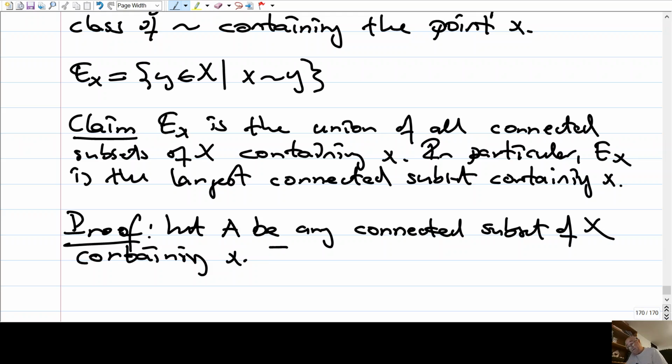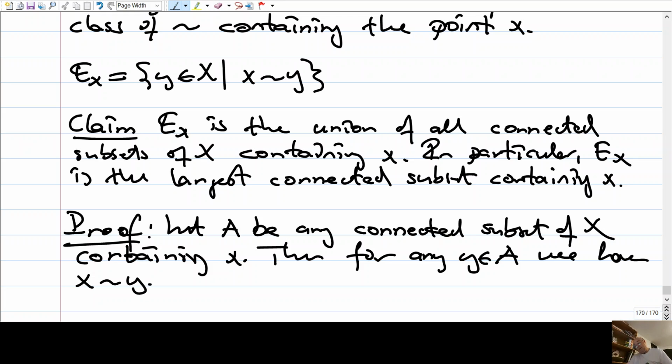Then for any y in A, we have x is related to y, right? Because A is a connected set containing both points. Therefore, this y is in E_x. But y was an arbitrary point in A, and that arbitrary point lies in E_x. Therefore, A is a subset of E_x.